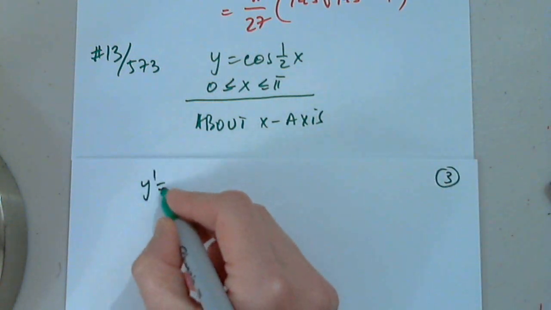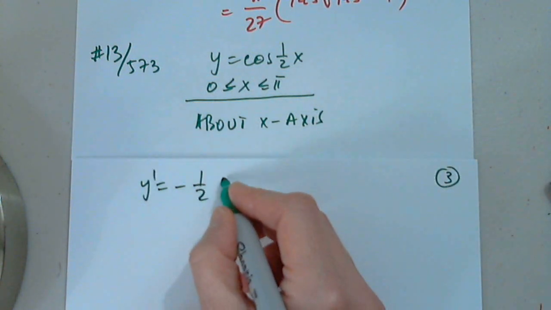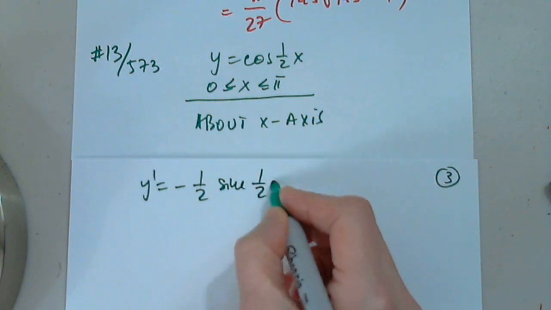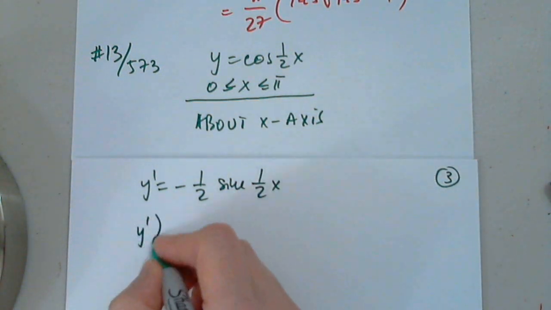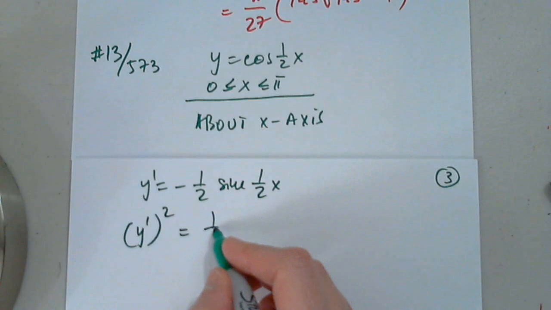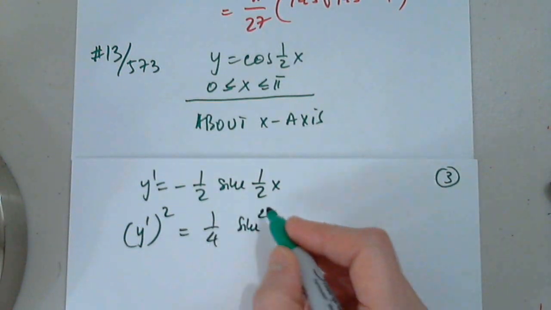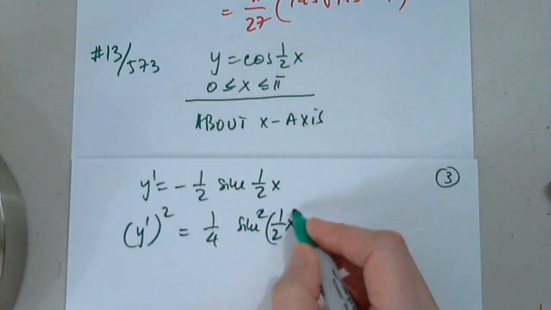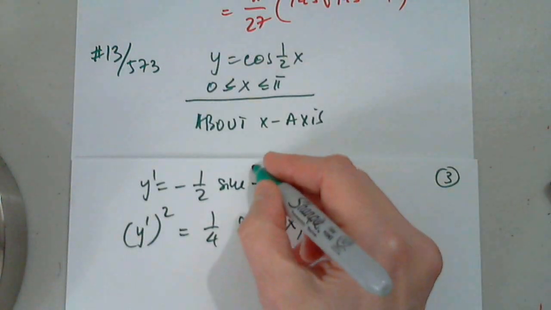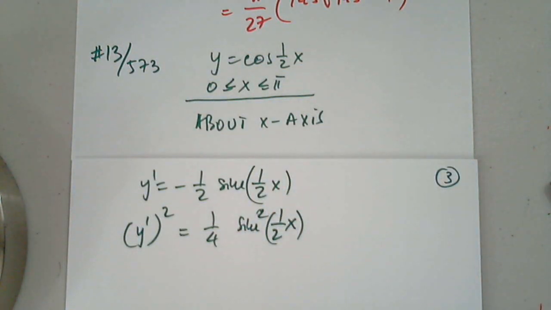Okay, so y prime equals negative 1/2 sine 1/2 x. y prime squared is 1/4 sine squared of 1/2 x. With parentheses or without, maybe it's easier if we do put parentheses.